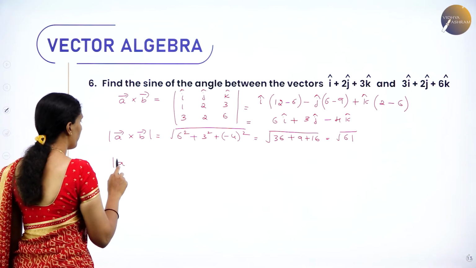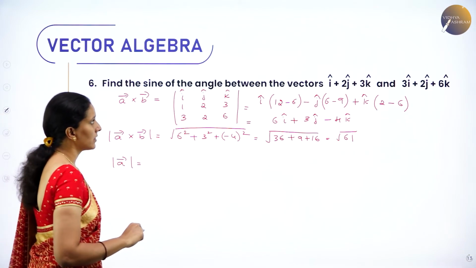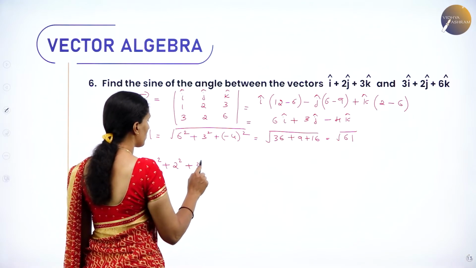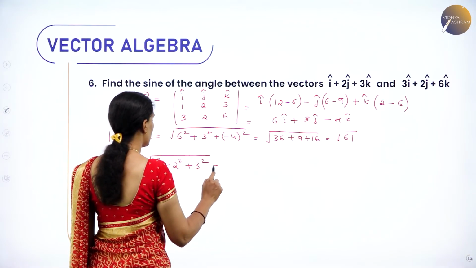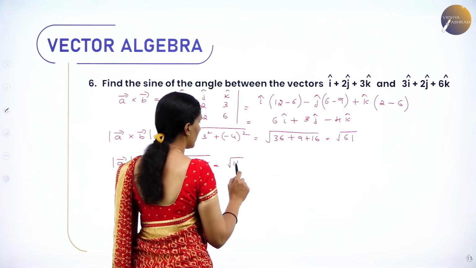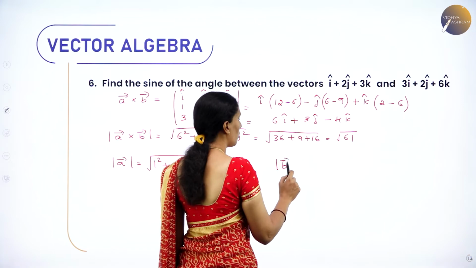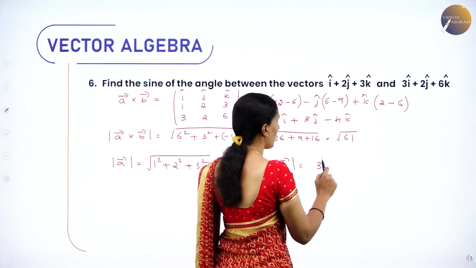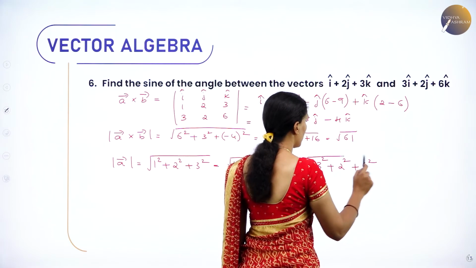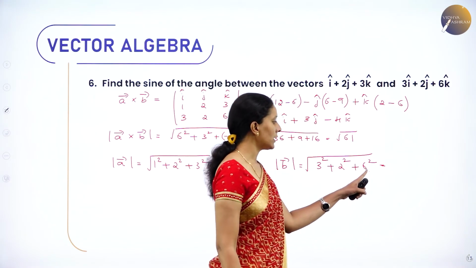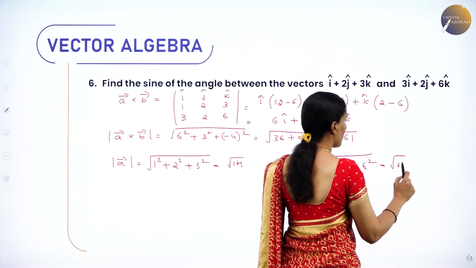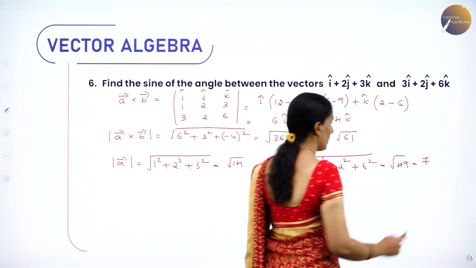So magnitude of vector A is 1 square plus 2 square plus 3 square, so which is 1 plus 4 plus 9, root 14. Next we will calculate magnitude of vector B, which is 3 square plus 2 square plus 6 square. So again it is 9 plus 4 plus 36, 49, root 49, which is equal to 7.